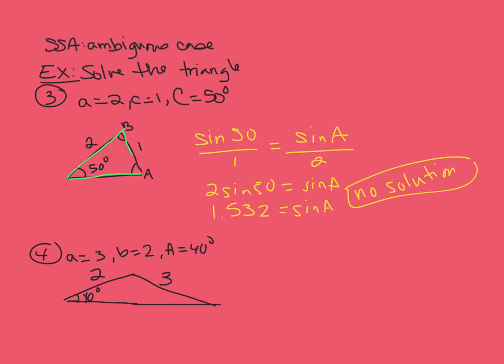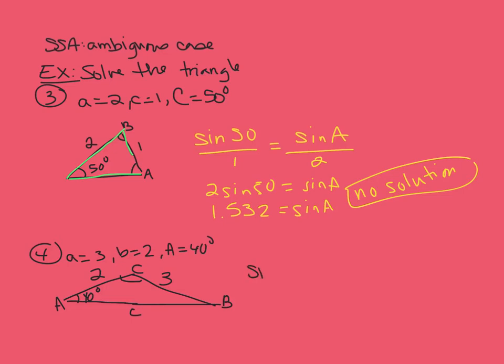I have two sides and the angle is not between them. You'll notice I do have an obtuse angle here. That's fine, that could happen. This is going to be C, so this is my A. This angle is B, it's opposite of the 2, and then the side opposite of the C is the side little c. So go ahead, I want you to set this up and see if you can find the rest of the sides and angles.